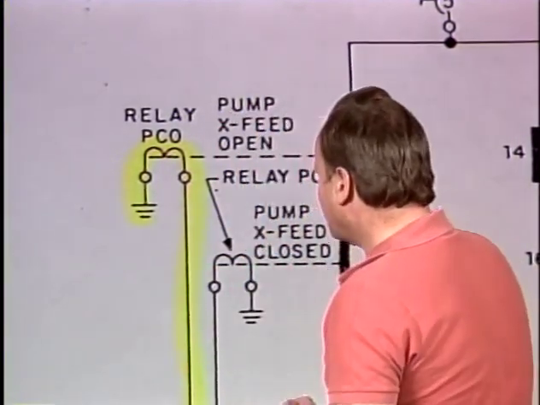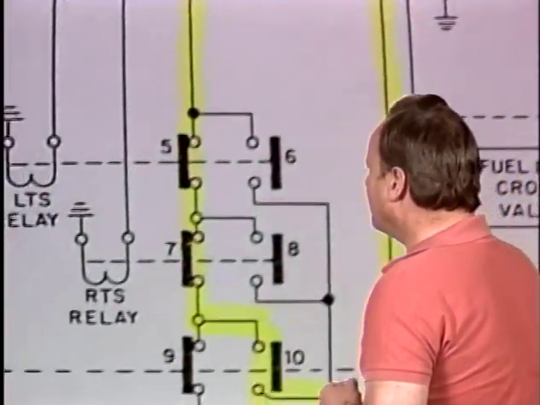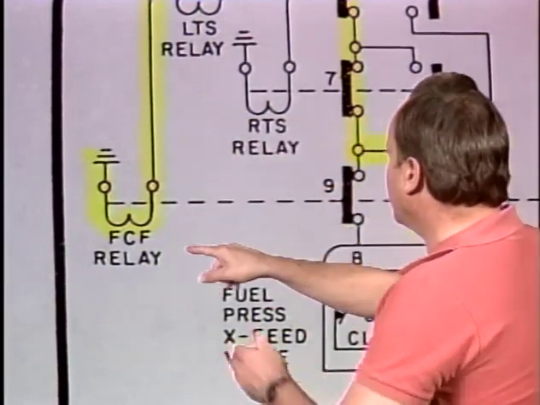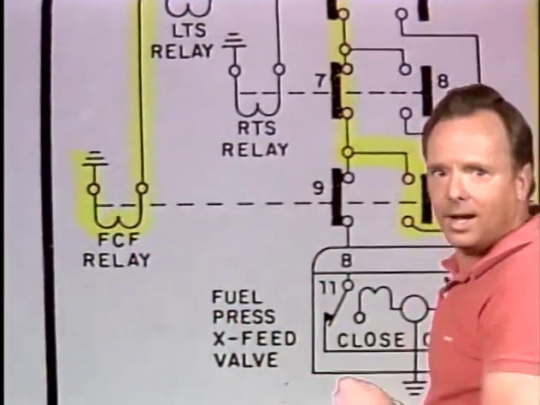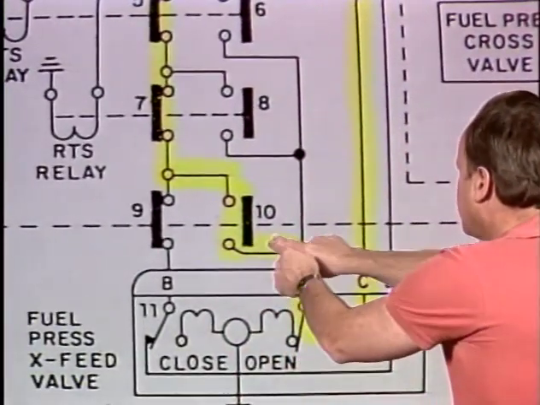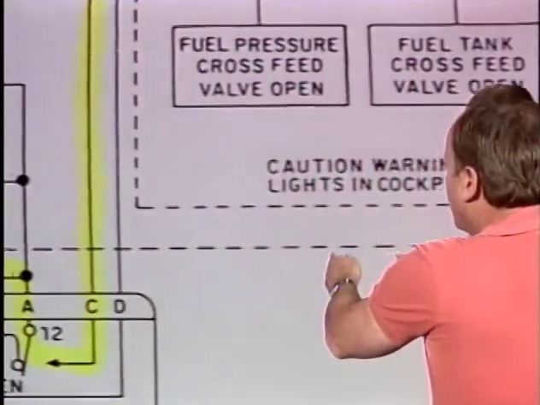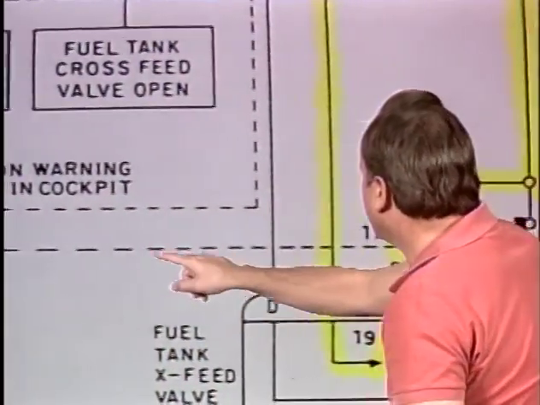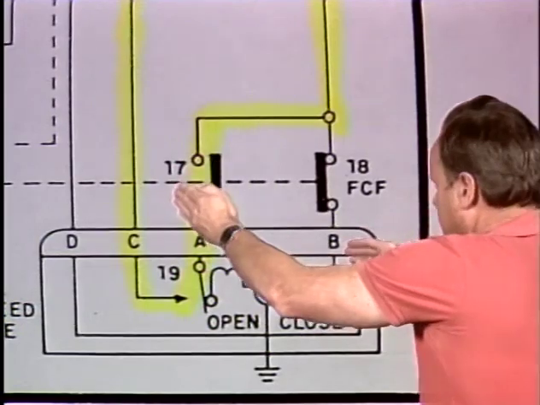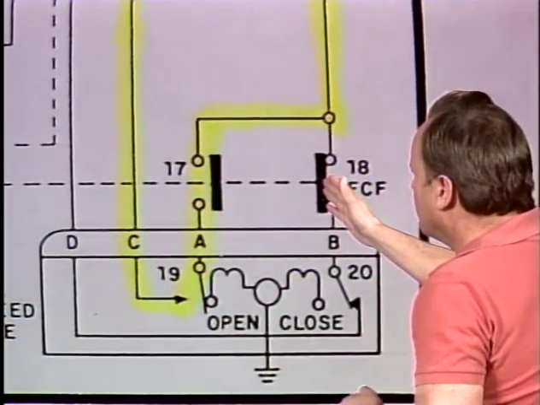But wait, there's more. Let's go back down to the bottom in the lower left-hand corner and take a look at what more there is, because we are also operating the FCF relay, and it's operating switches 9 and 10, and that same relay comes all the way over here and activates switch 17 and switch 18.